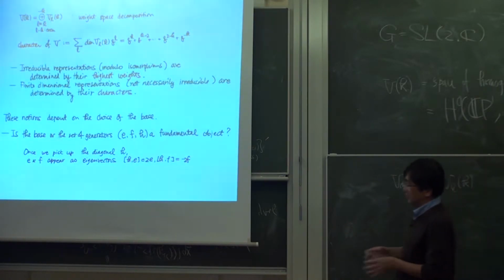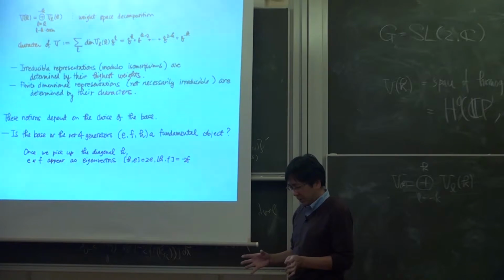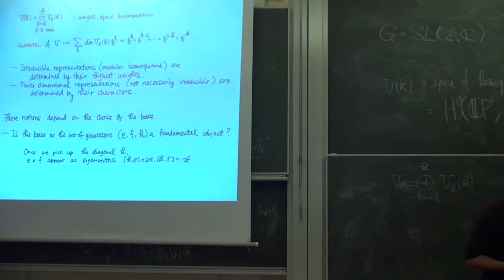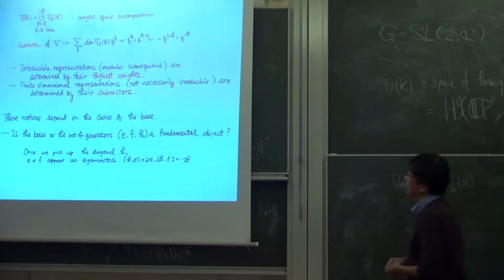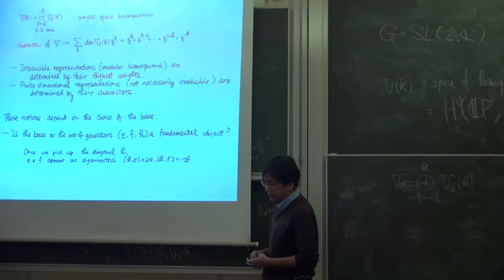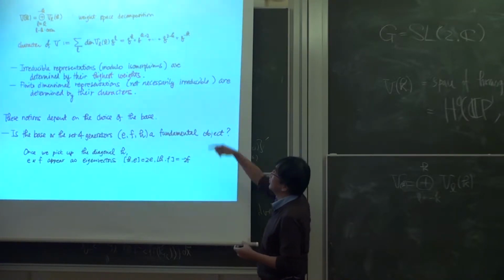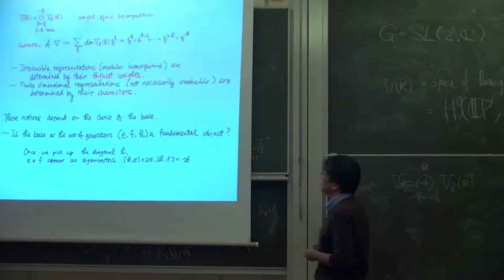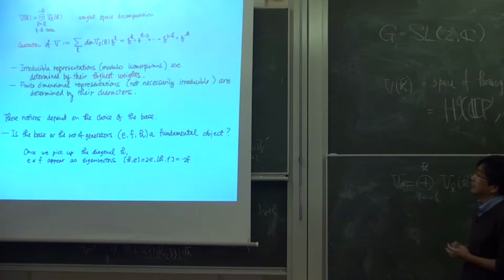For example, you take a three-dimensional representation. A three-dimensional representation can be irreducible or the direct sum of 1 plus 2. That cannot be distinguished from the dimension alone. But if you consider the corresponding characters, then because of this finer information, you can easily distinguish the direct sum from the irreducible one.